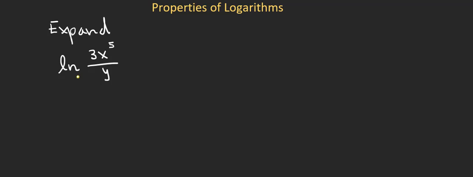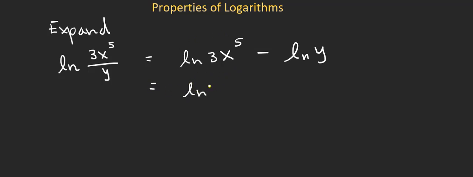In this example, we need to expand this logarithmic expression. So first, using the quotient property, this is the same thing as the natural log of 3x to the 5th minus natural log of y. But we could still break this down using the product property.